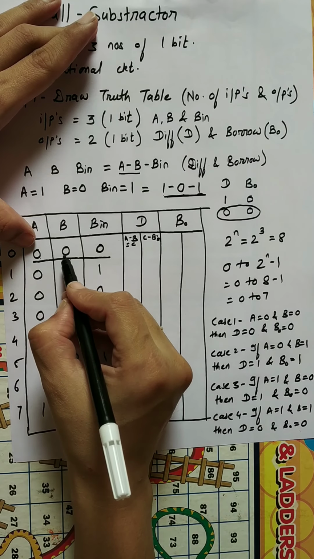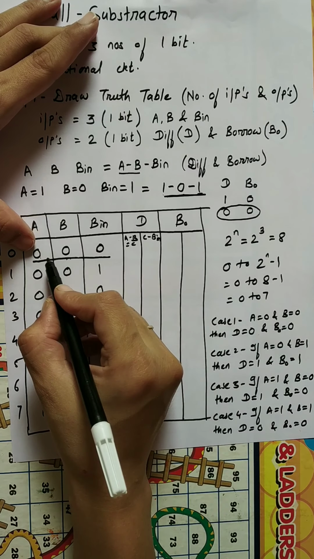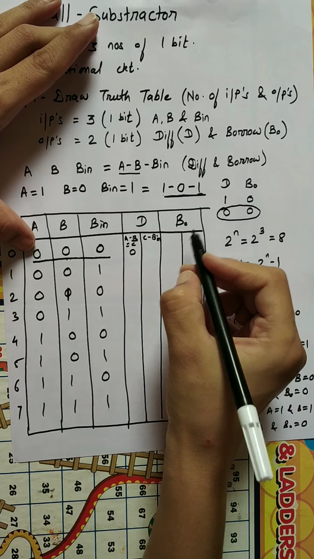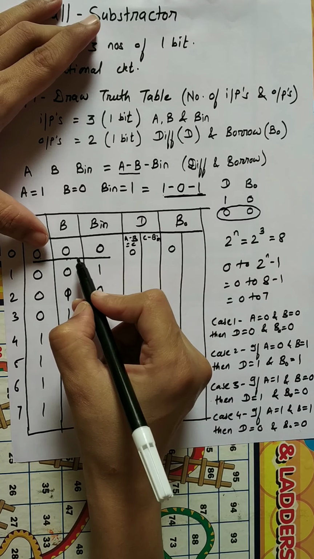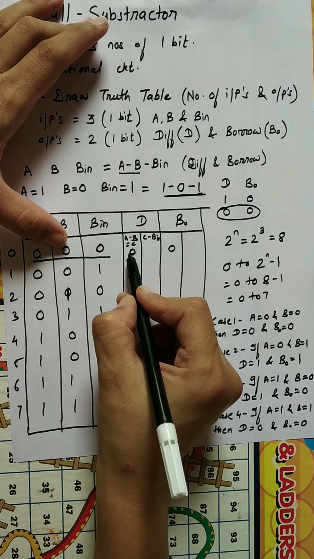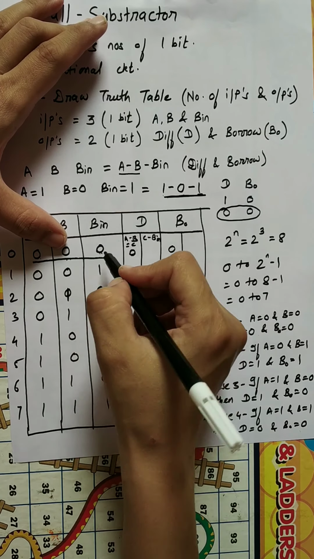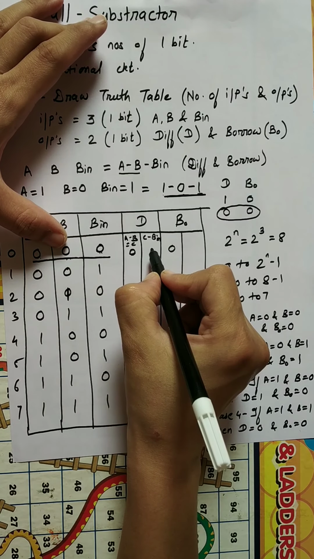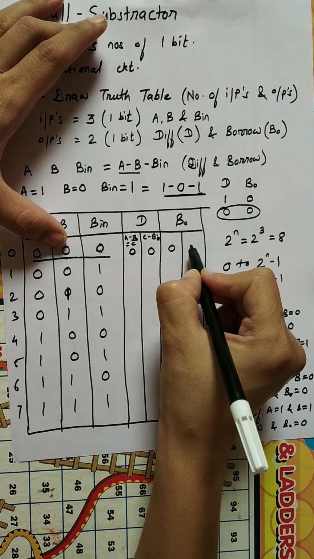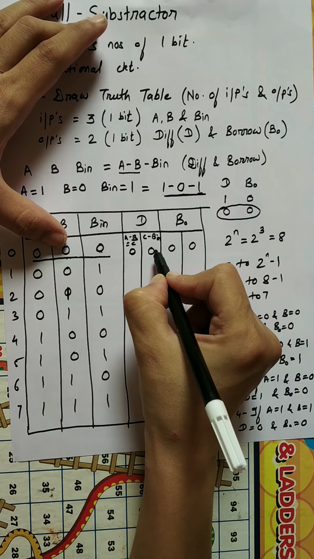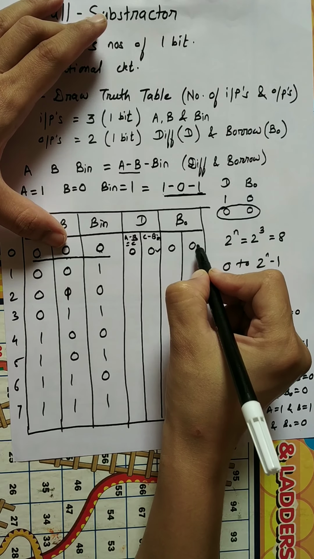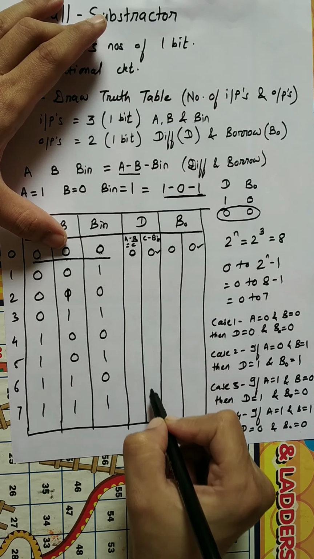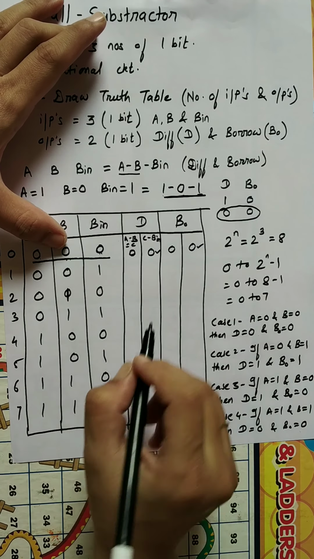So for example 0 minus 0 is difference 0 and borrow 0, right? Now from this difference 0 I have to subtract this b in, right? So 0 minus 0 is again difference 0 and borrow 0. So actually my actual output is this column, right?